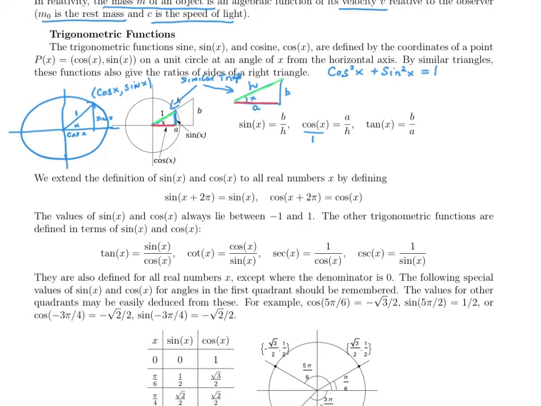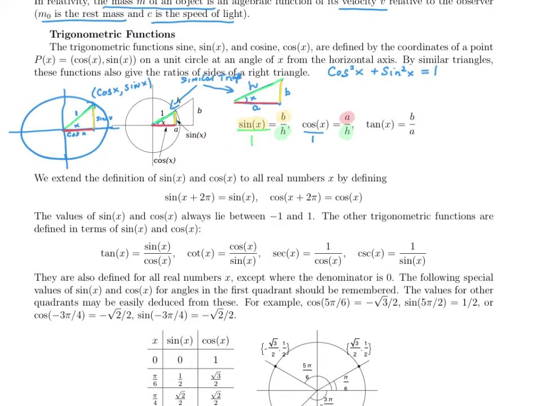But remember, we know that the length of that red side in the smaller triangle is cosine, and the length of the hypotenuse in the smaller triangle is 1. Likewise, the ratio b over h in the large triangle must be equal to the ratio of the yellow side over the hypotenuse in the smaller triangle. But we know that that's sine of x over 1.